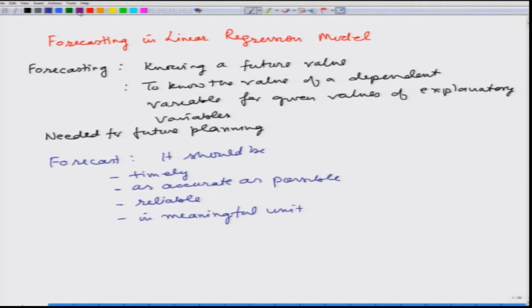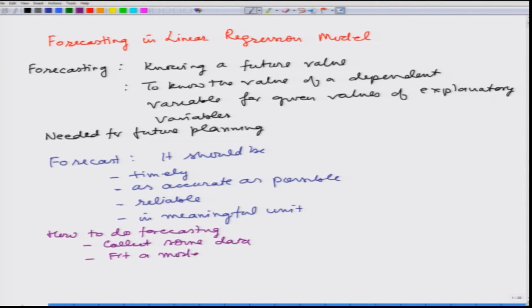The next issue is how to do forecasting. The first option is to collect some data first. Based on that, fit a model.